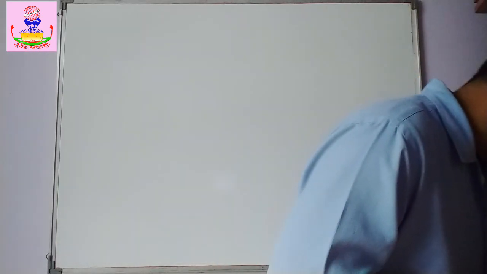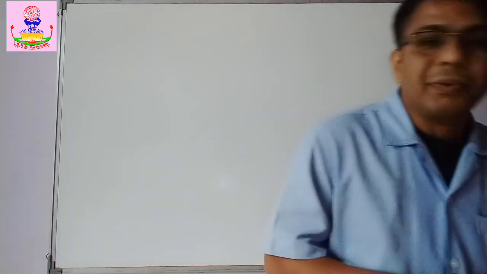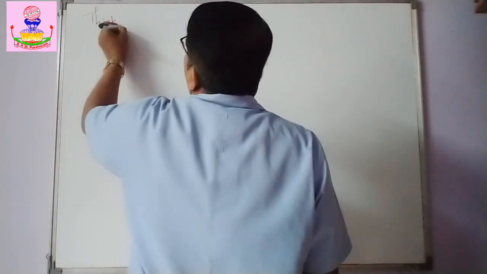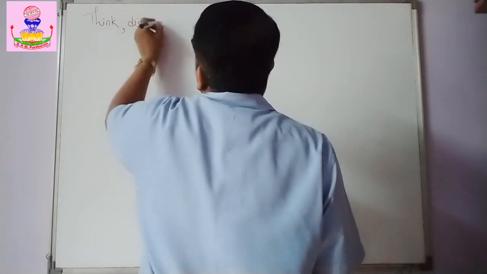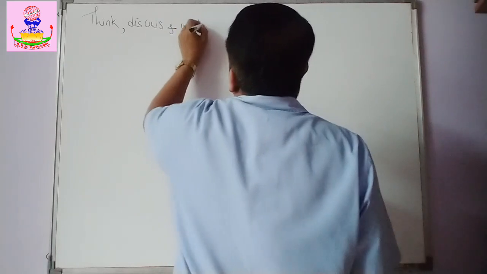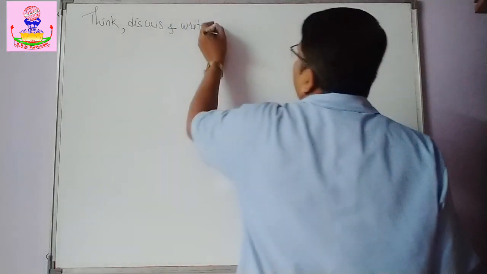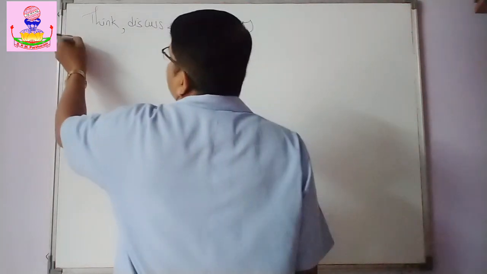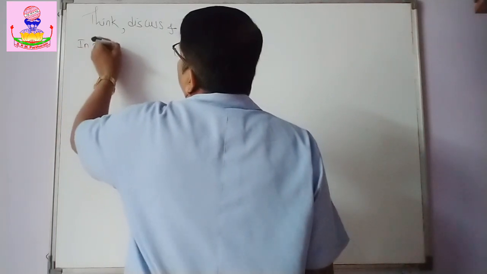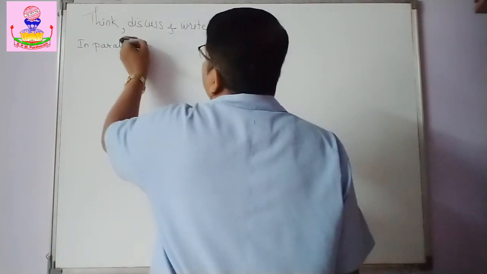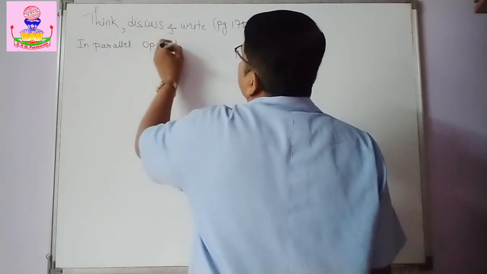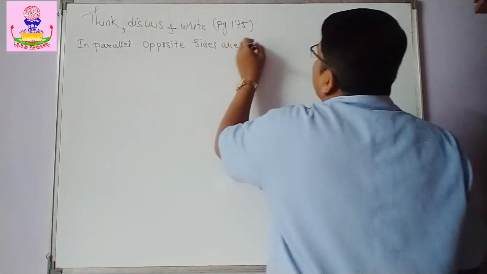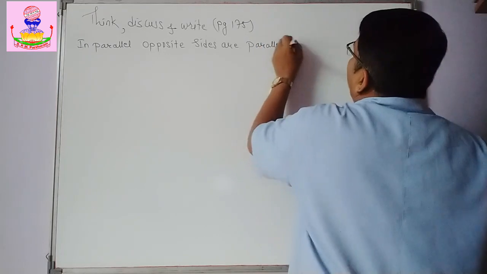Okay, so we'll write here. Think, discuss and write. I've read the question. I'm just writing the answer here. Page number 175. In parallelogram, opposite sides are parallel and congruent.